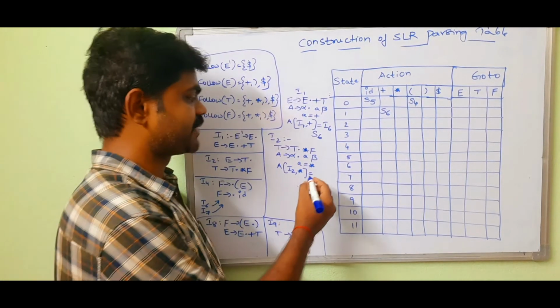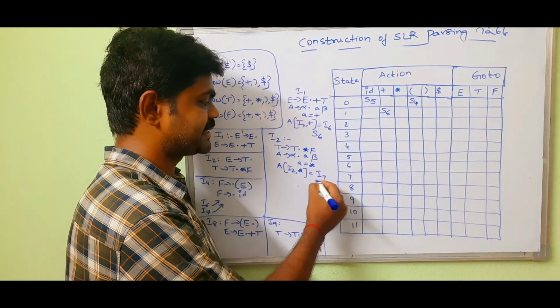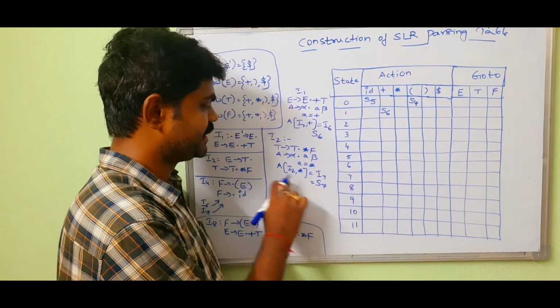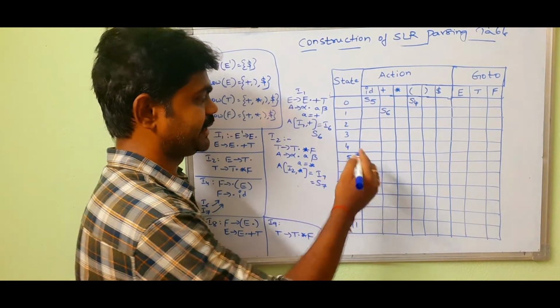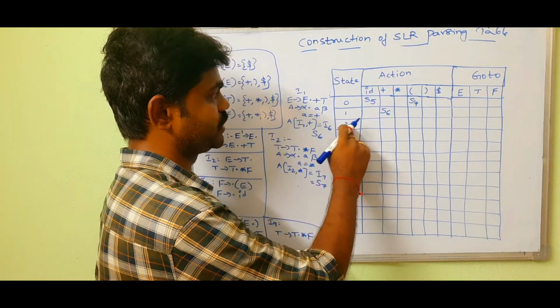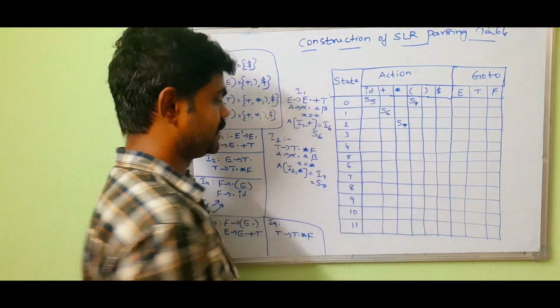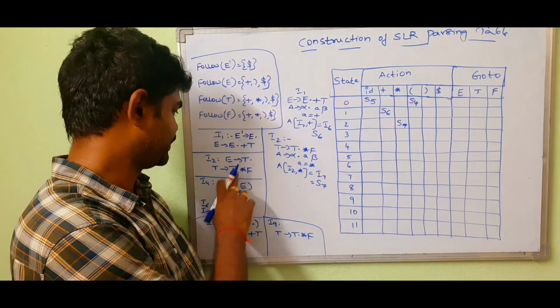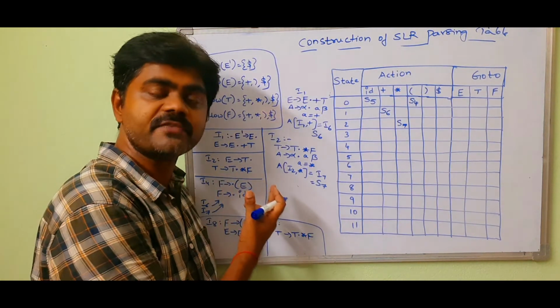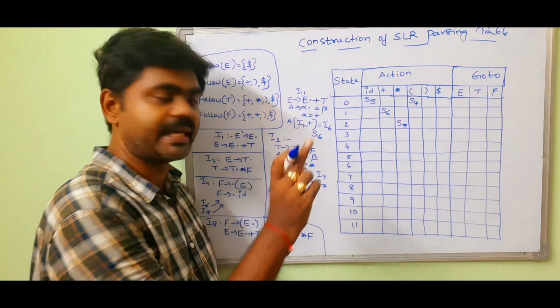We are going to I7, that is shift 7. So in the place of I2 comma star write S7. So I2 is over. Next, there is no production for I3, because the dot reached the end.